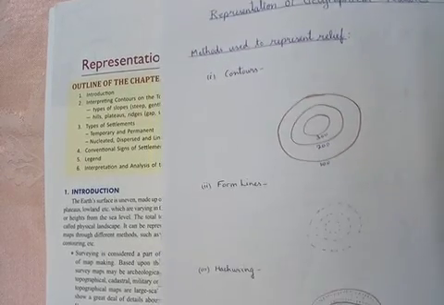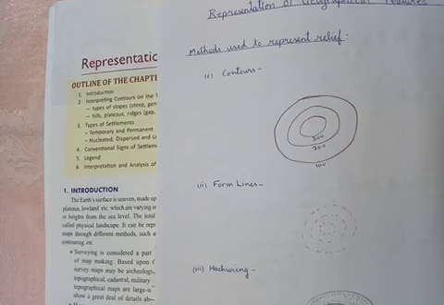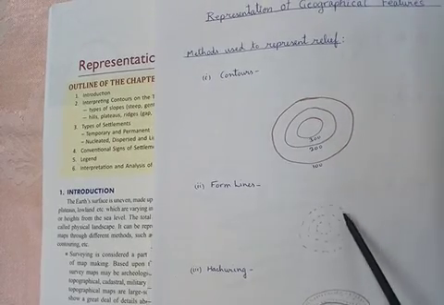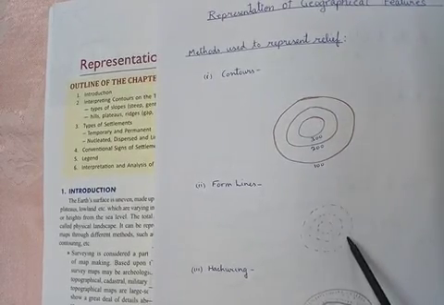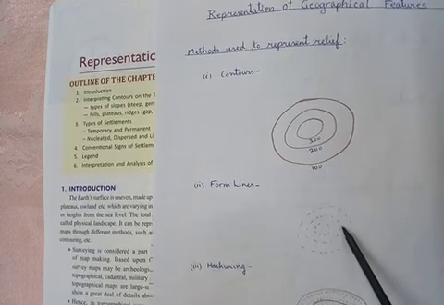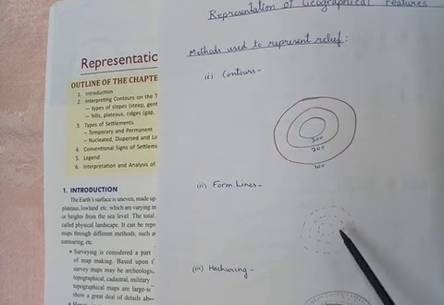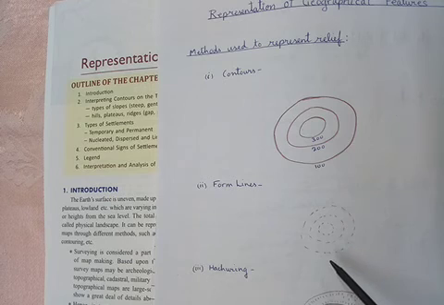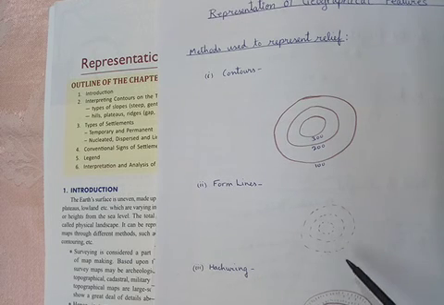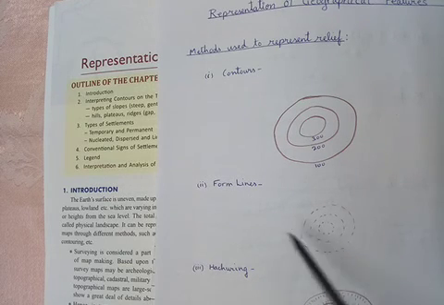Well, next is the form line. Now here you can find these are also brown lines, but they are broken lines. These broken lines are called form lines. They also are contour lines, but why are they called form lines? Let's see.